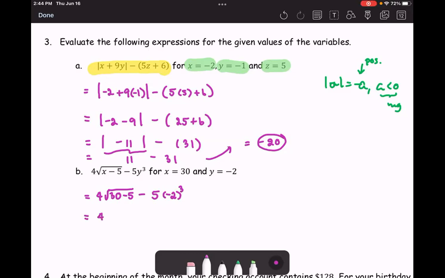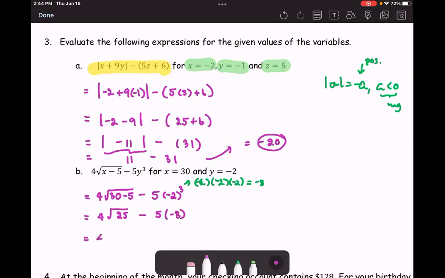Work on the grouping symbol, or the expression under the radical. 30 minus 5, that is 25, subtracted by 5 times -2 to the third power. Recall -2 to the third means -2 times -2 times -2, or -2 times itself 3 times, result -8. Therefore, we have 5 times -8 for the second term.